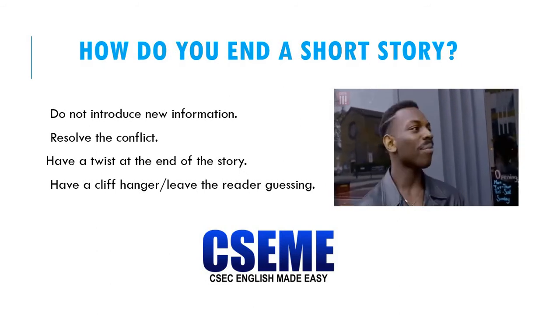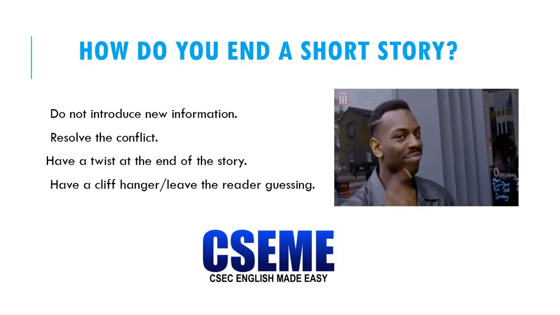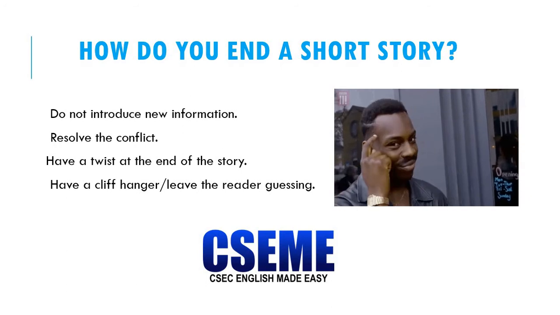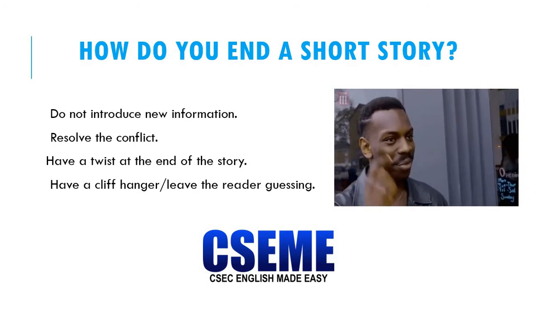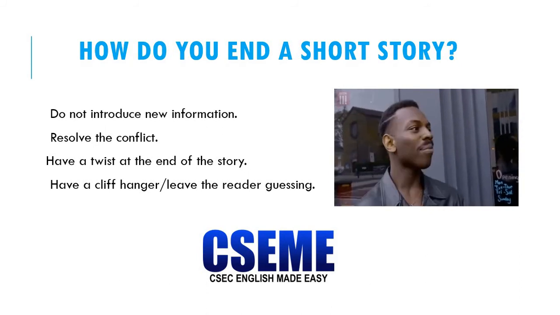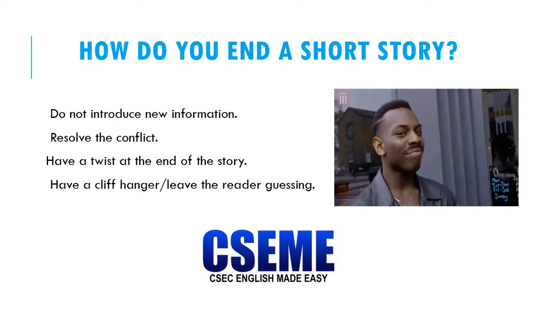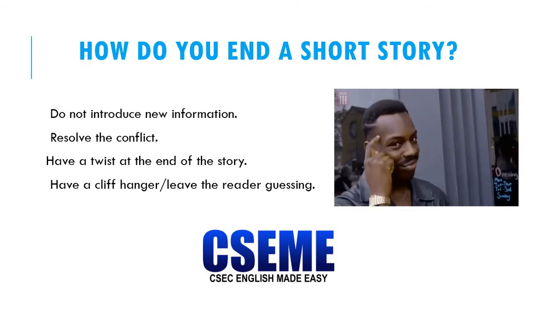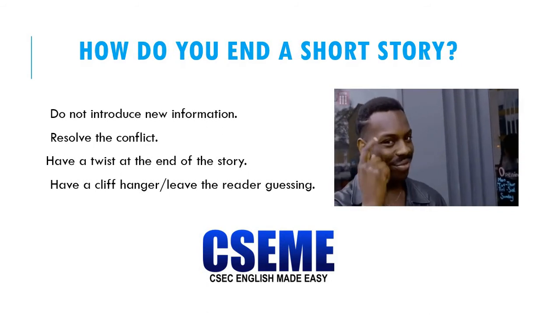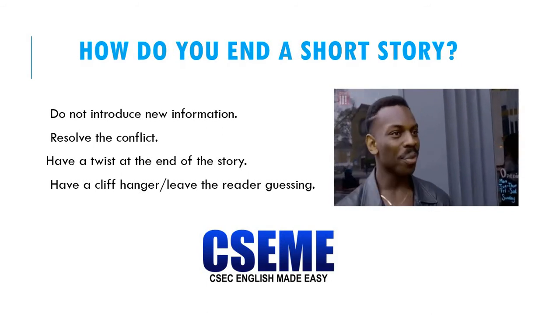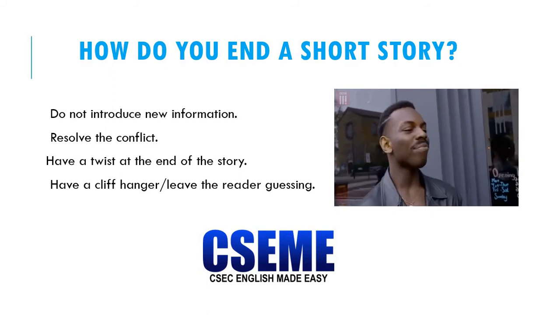At the end of our story, it is important that we do not introduce any new information. Remember, you have limited words, or should I say limited time. The recommended word limit is 400 to 450 words for the CSEC level. So you have limited time in which to write.